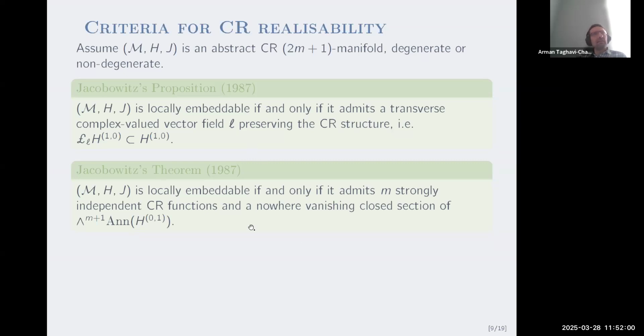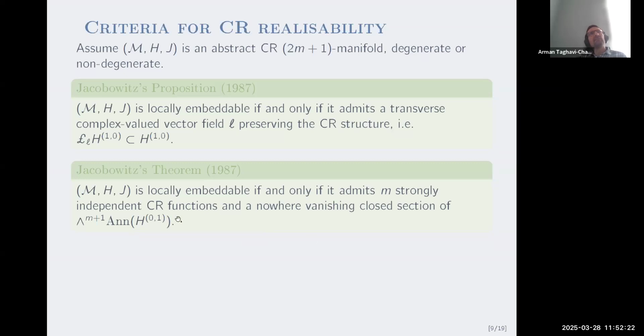Another criterion is given by Jacobowitz's theorem. The CR manifold is embeddable if and only if it admits M strongly independent CR functions. If you have only M of them, it's not enough for embeddability. Ideally, you want M+1.